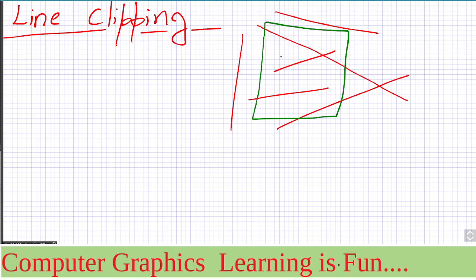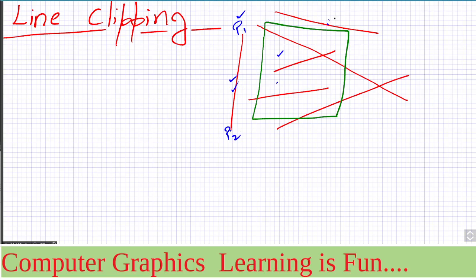For that, we have to understand a few things. You can easily determine a few things. I can see one line here. I believe this line is totally outside of the window, right? And we can easily determine if it is outside the window. Say P1, P2. If P1 is outside the window and P2 is also outside the window, then the whole line is outside the window, right?